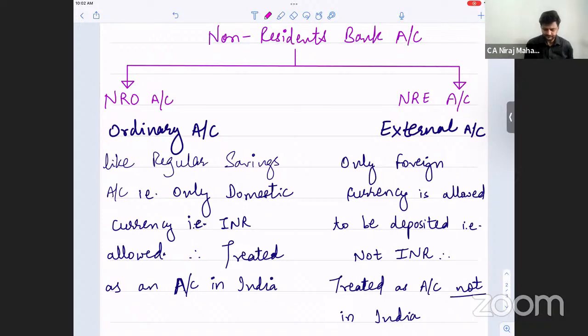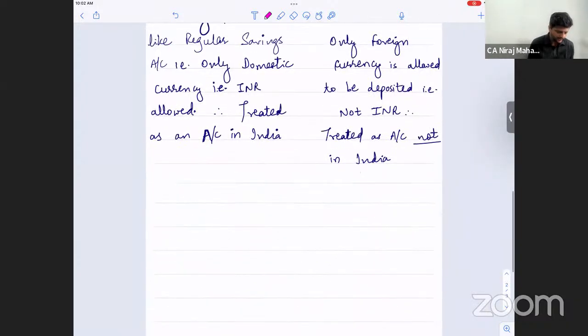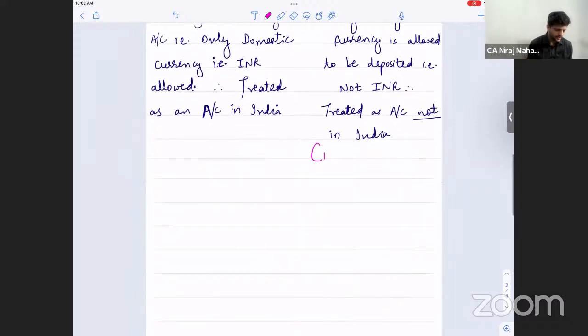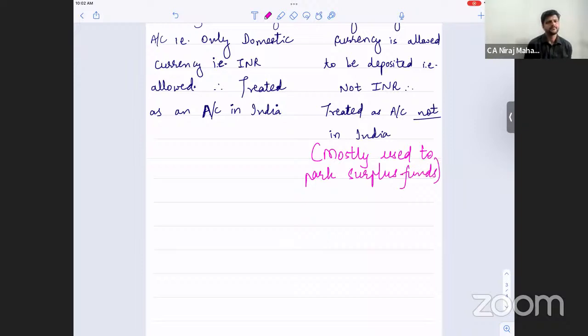Correct? So again, what I'm writing here is only for your understanding. It is not the law or anything. It is mostly used at NRE account, okay? It is mostly used to park surplus funds.